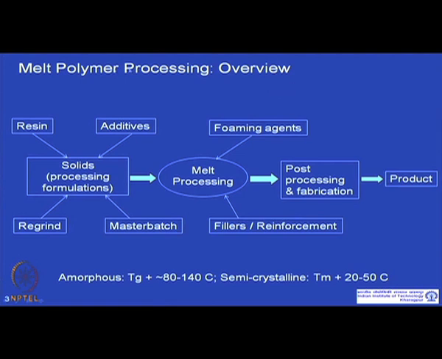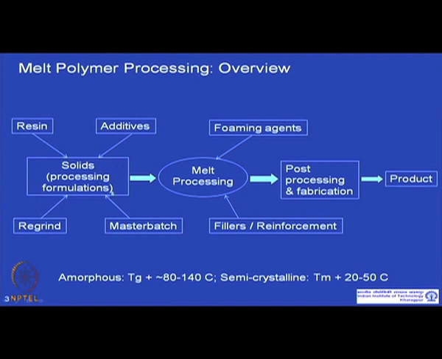As an overview of the melt processing technique, there is a formulation where the solid polymer is added, and if you need additives, and invariably we do, because rarely is 100% polymer used for any formulation. There will invariably be some additives added, and they can be mixed well, and if there is a color master batch or some other master batch, they can be added here.